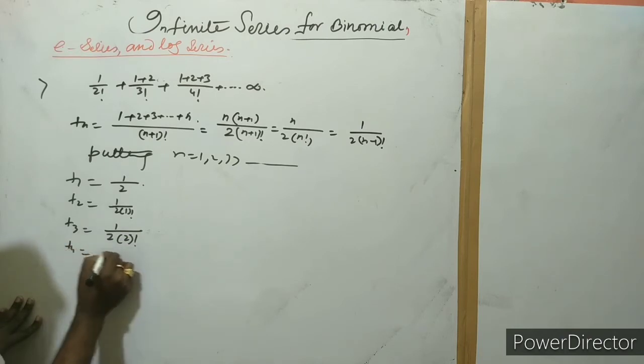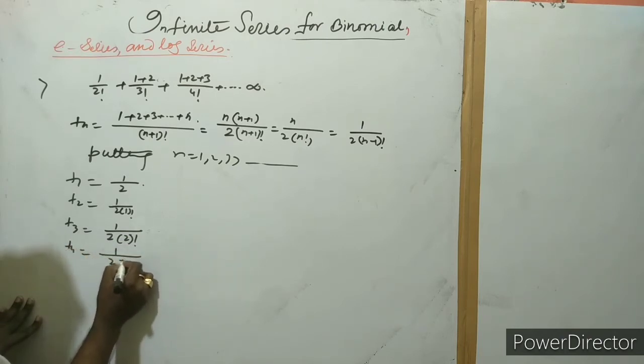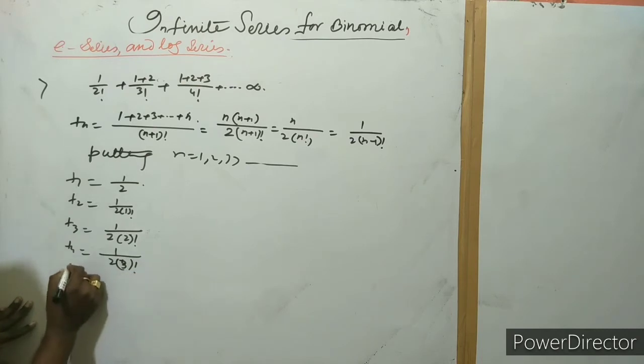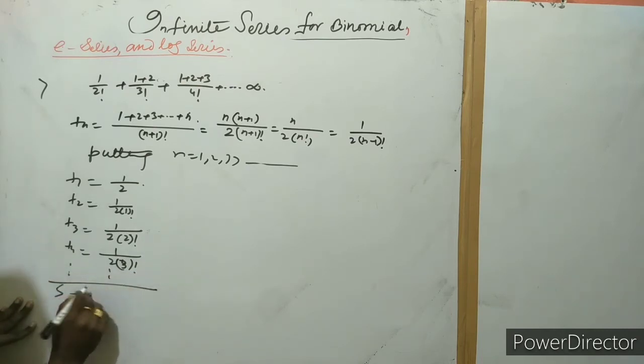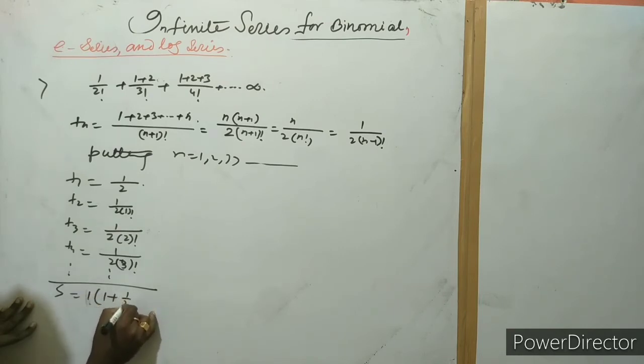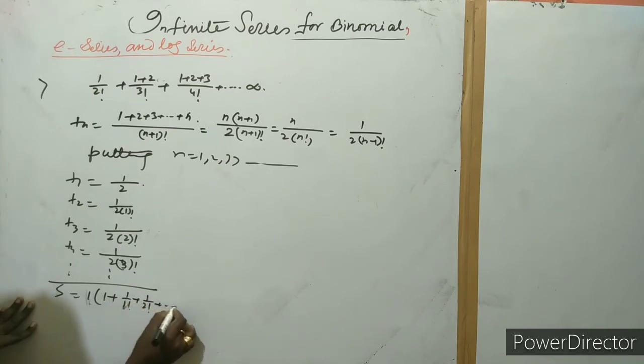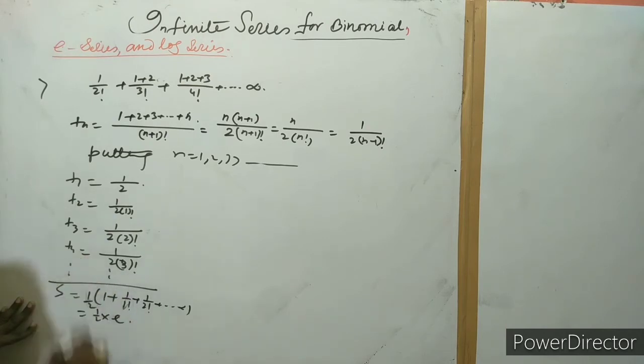Okay, T4, we get 2 into. Okay, this is the sum S. We can take half common: 1 by factorial 1, this is factorial 2. So this is half into e. Okay, I think all of you have understood better.